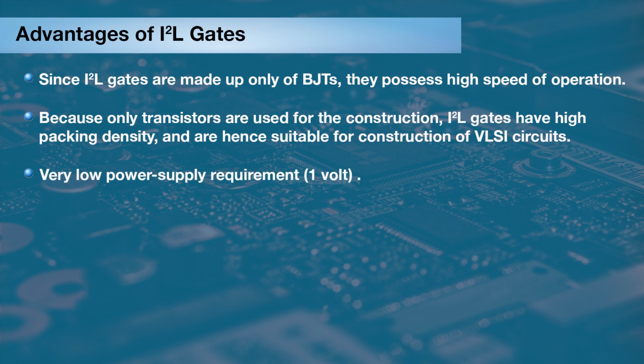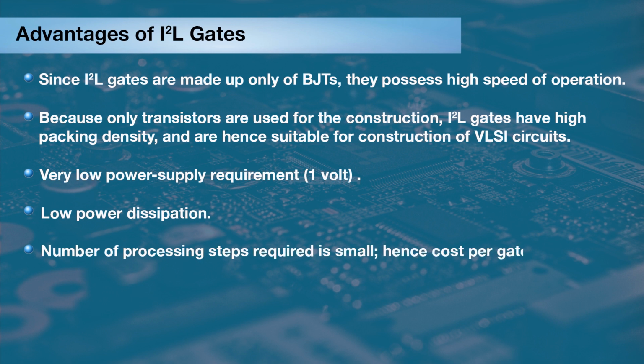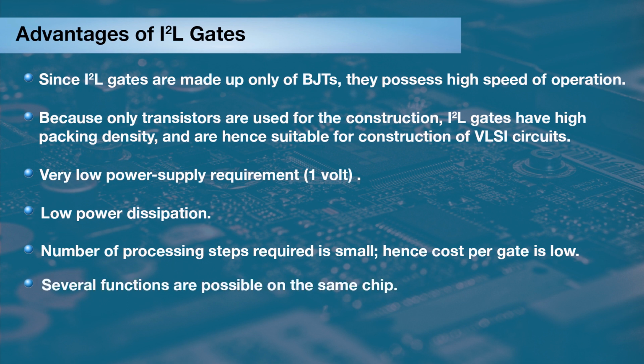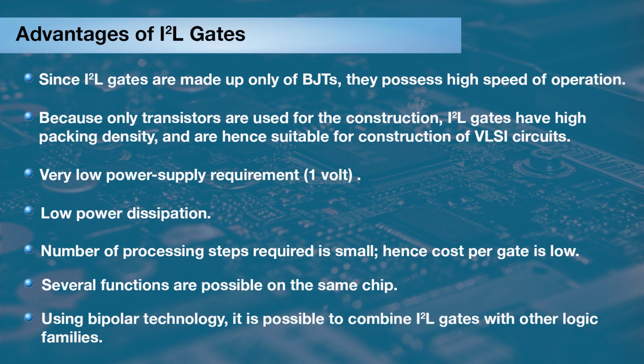Very low power supply requirement, low power dissipation, and the number of processing steps required is small, hence cost per gate is low. Several functions are possible on the same chip. Using bipolar technology, it is possible to combine I2L gates with other logic families.